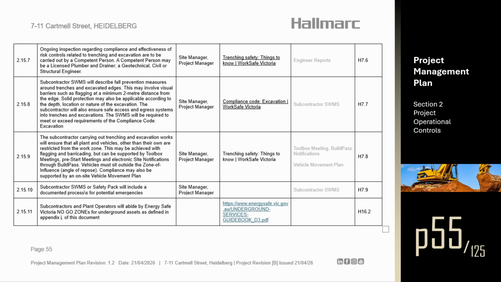Compliance may also be supported by an on-site vehicle movement plan. Section 2.15.10. Subcontractor SWIMS or safety pack will include a documented process for potential emergencies. Section 2.15.11. Subcontractors and plant operators will abide by the Energy Safe Victoria no-go zones for underground assets as defined in Appendix I of this document.